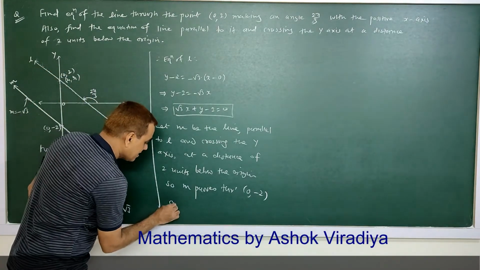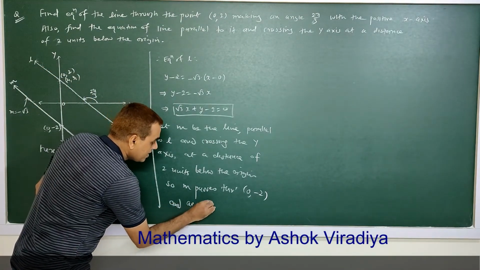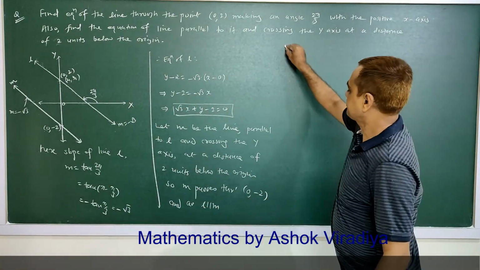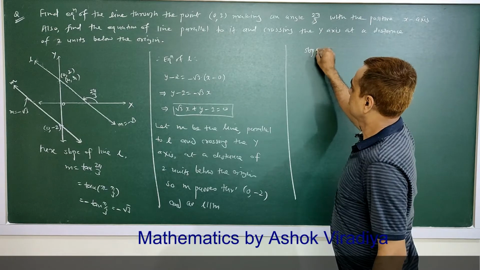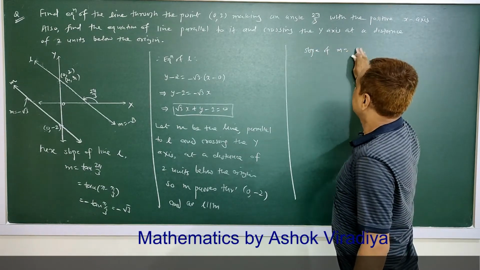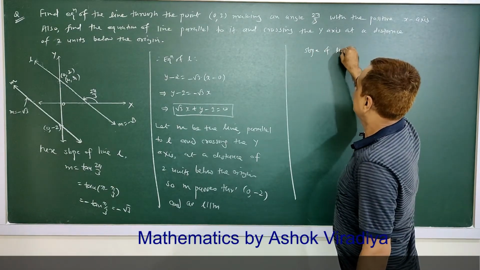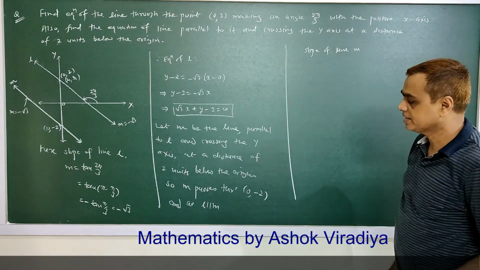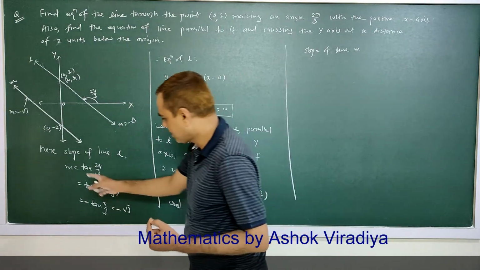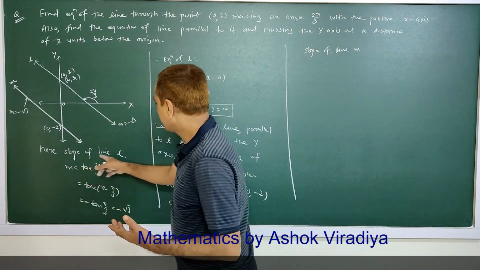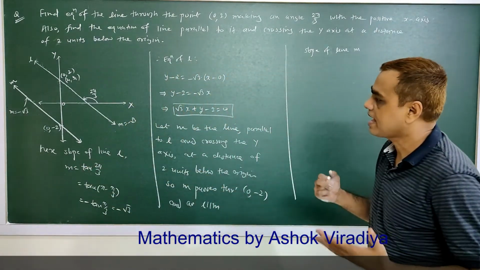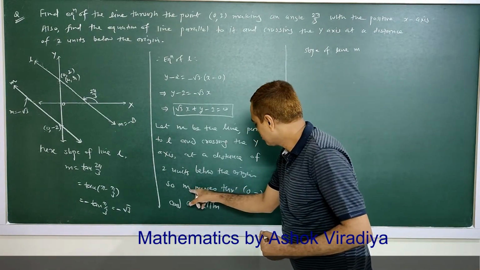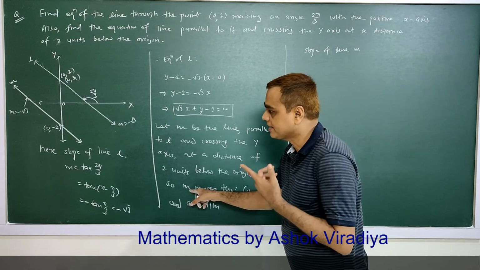And as L is parallel to M, the slope of M is the slope of line M. Here we have used a small m symbol for the slope of line L, and the same symbol we should not use for the line.